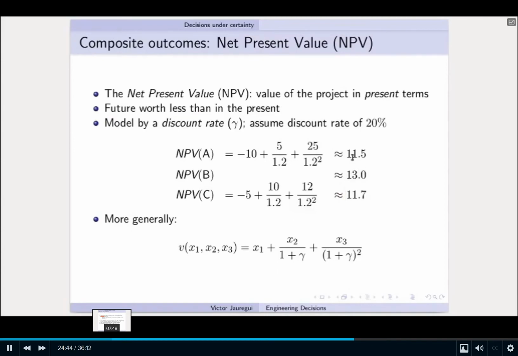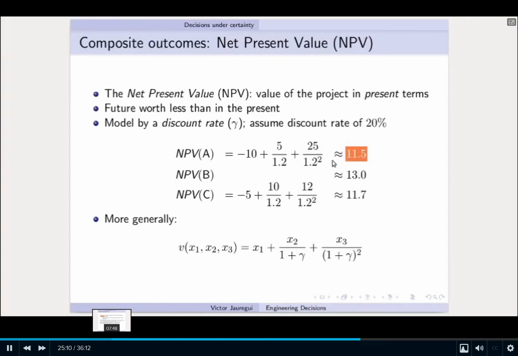So you see that for a significant discount rate in this case, which is 20%, which is maybe unrealistic, that would reduce the value of A, where we're making money late in the project. That has significantly been reduced in terms of net present value.